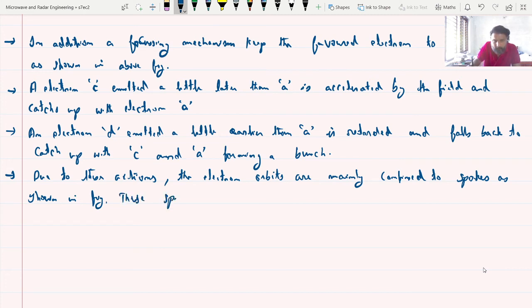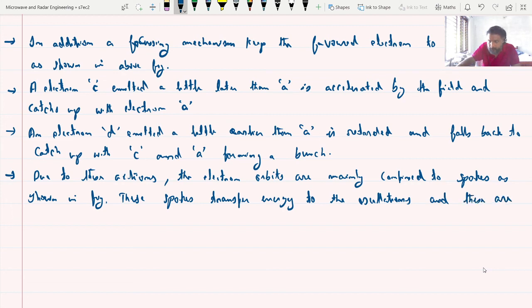These spokes transfer energy to the oscillation, and these are sustained by the device.